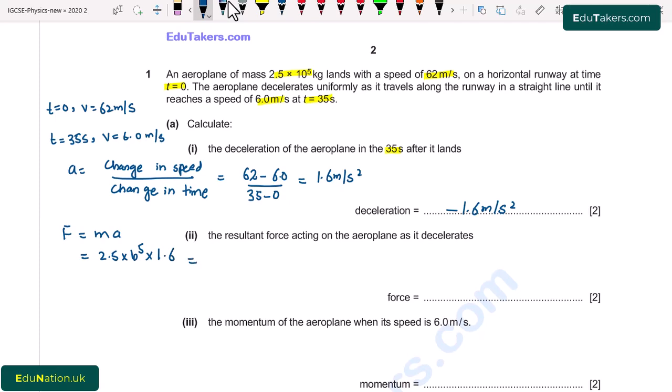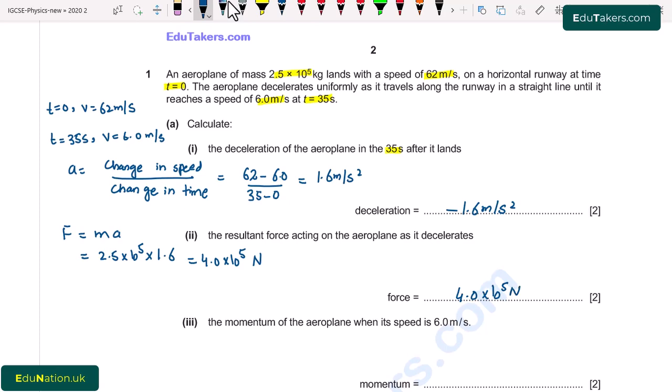So when I multiply this, I get 4.0 × 10^5 newtons. So force comes to be 4.0 × 10^5 newtons.